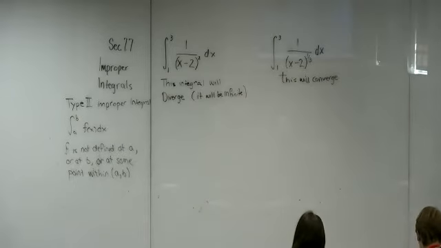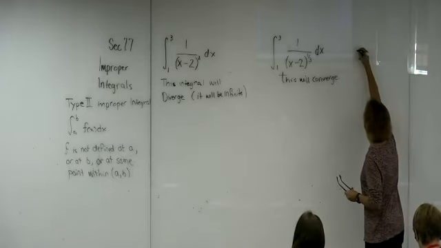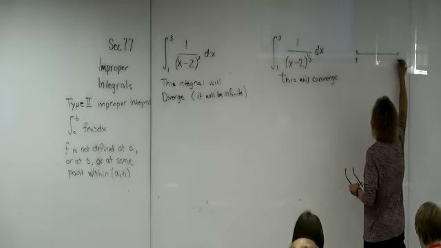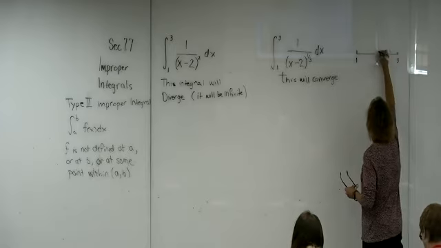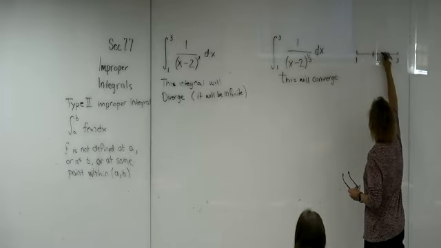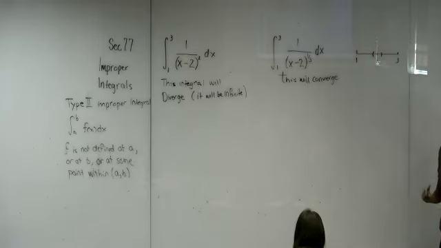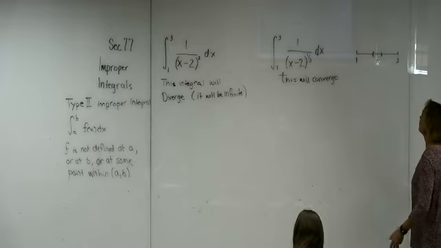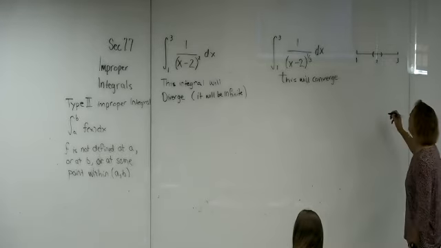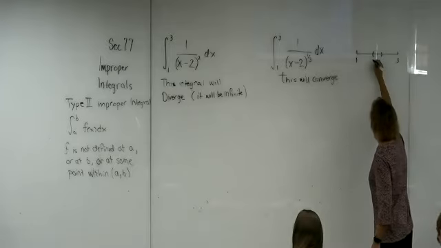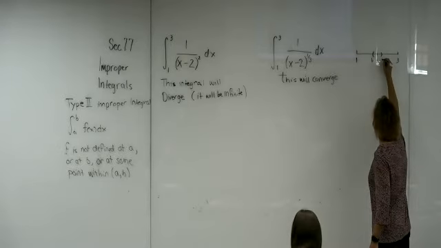What we're going to do to both of them is look at the discontinuity over the interval from 1 to 3, which occurs at x equal to 2. We're going to pick numbers real close to 2. We'll actually just let them be letters real close to 2, a B here and an A there.